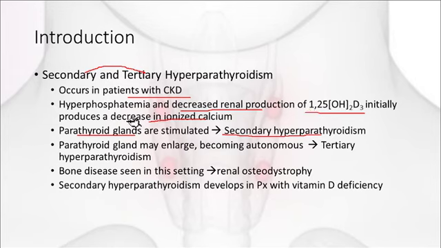An alternative is where the parathyroid gland enlarges and becomes its own autonomous organ, in that it then releases parathyroid hormone as it needs to, and this is known as tertiary hyperparathyroidism.